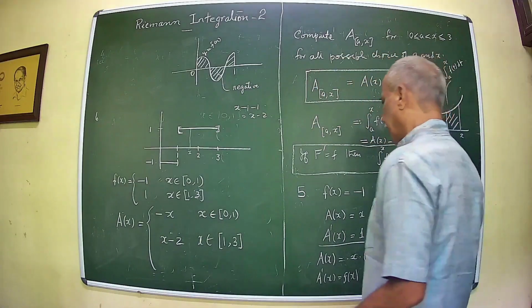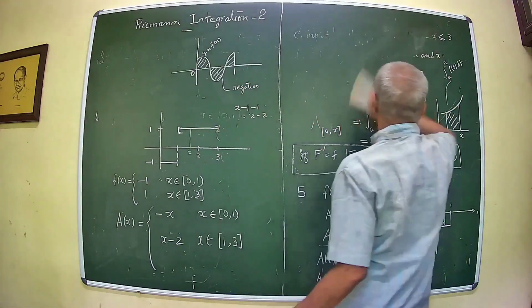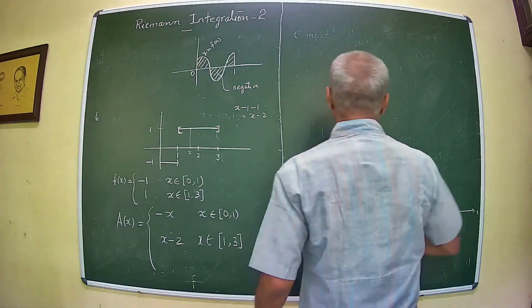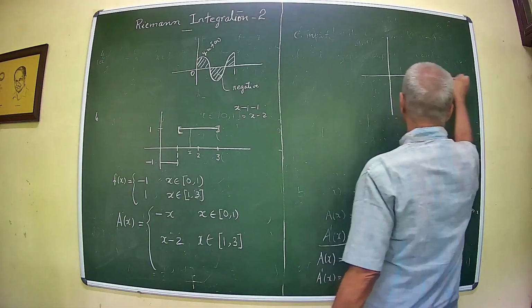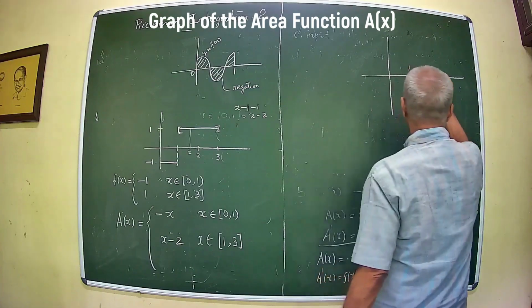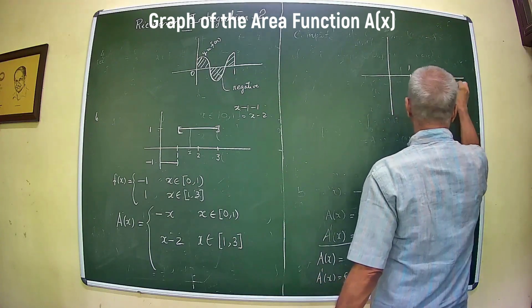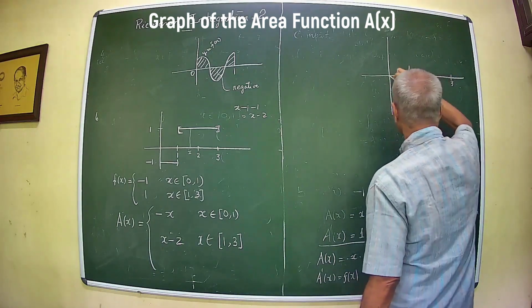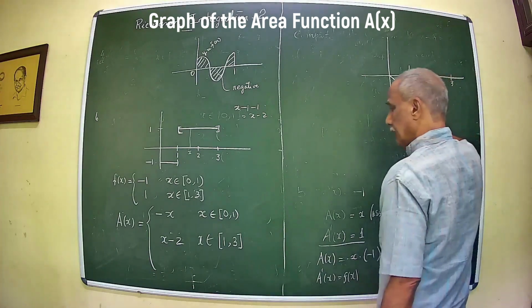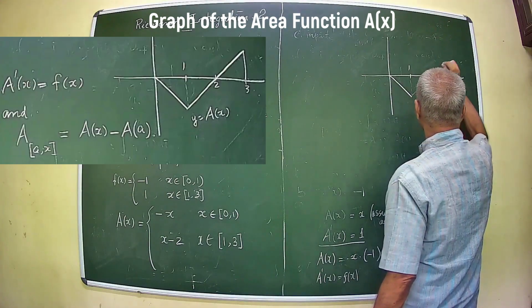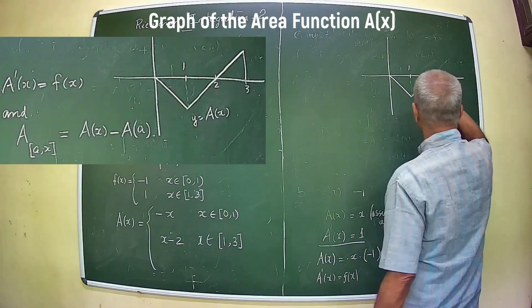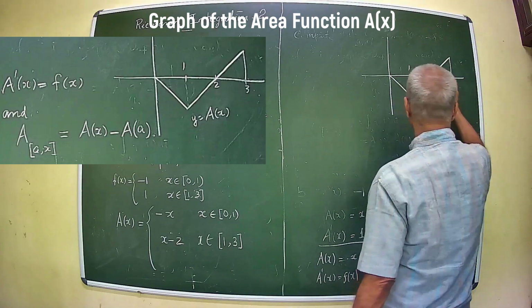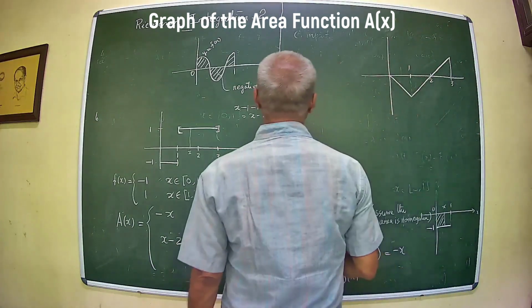So how does A look like? This is the area function. The area function takes the following form. We go for the graph of the area function. 1, 2, 3. Now you see that the area function takes the value minus 1 here, so it is this length segment, and then it vanishes, and then this segment.